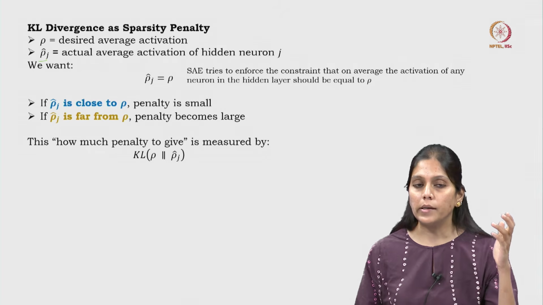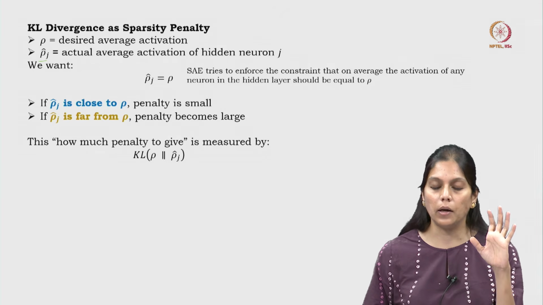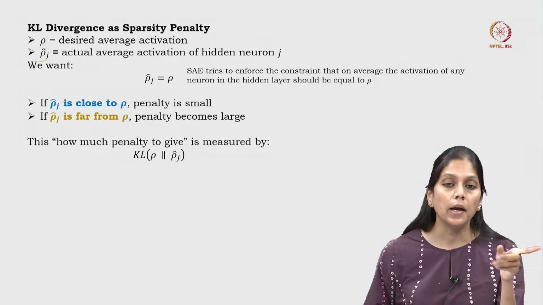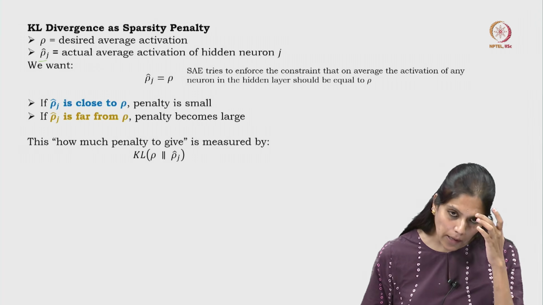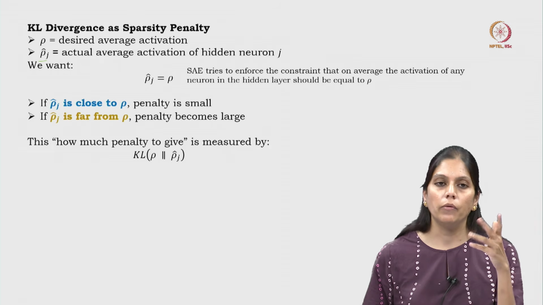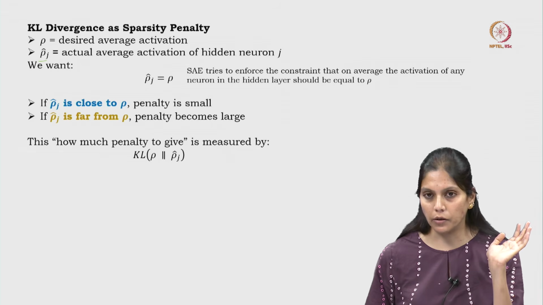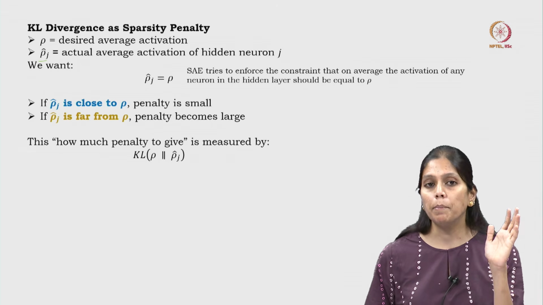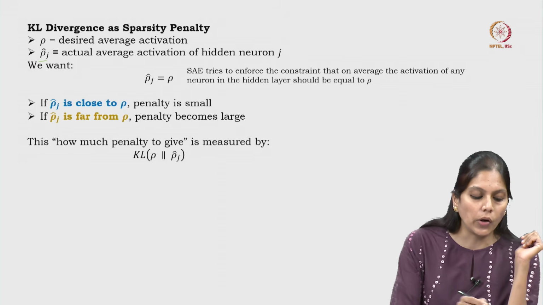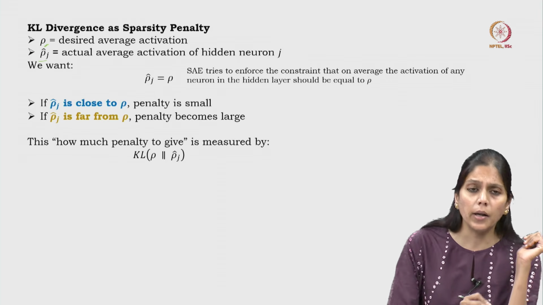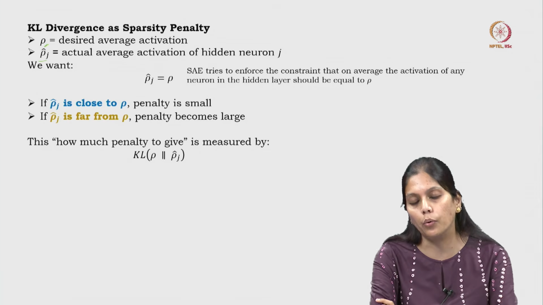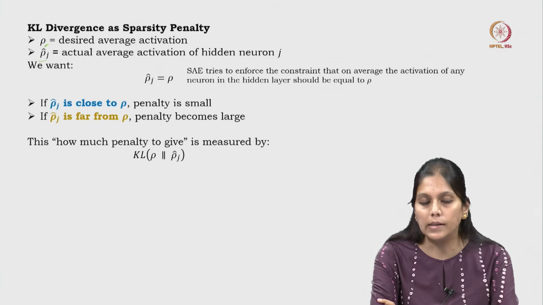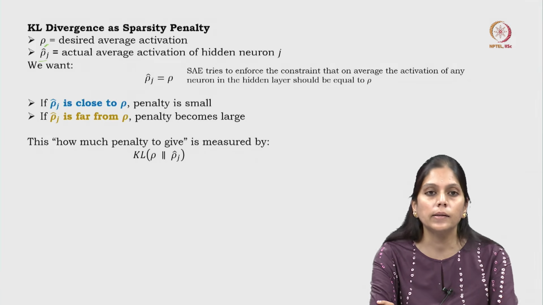It is the actual average activation. Now we should have one desired average activation, or a sparsity parameter, and that we call rho. So now we have 2 terms: rho is desired and rho hat is actual.